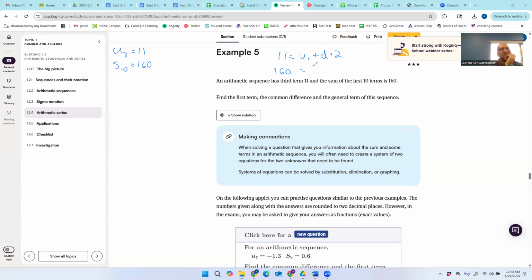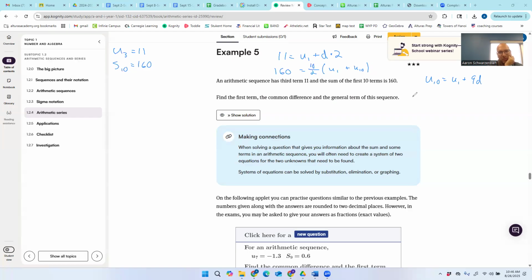equals 10 over 2, so 5, U1 plus U10. I know U10 equals U1 plus 9D.